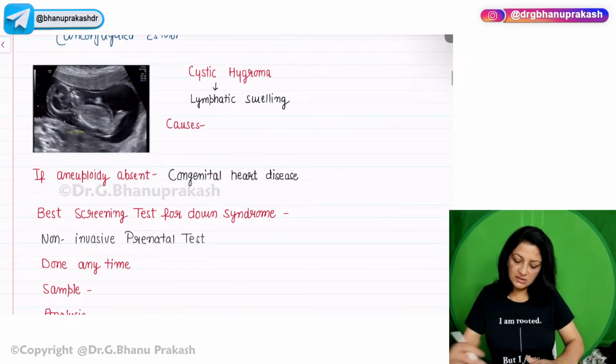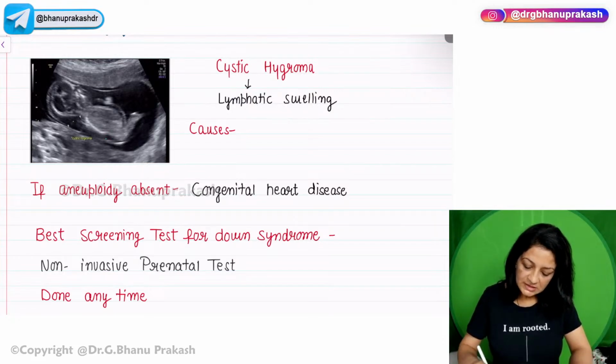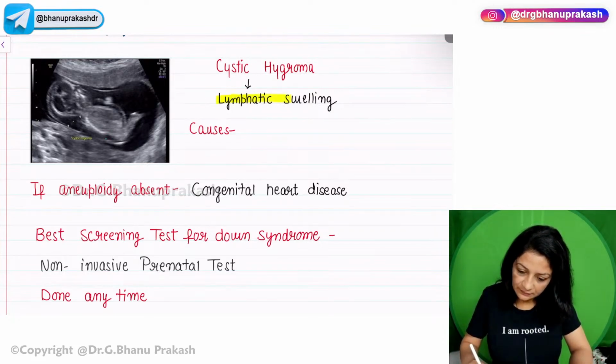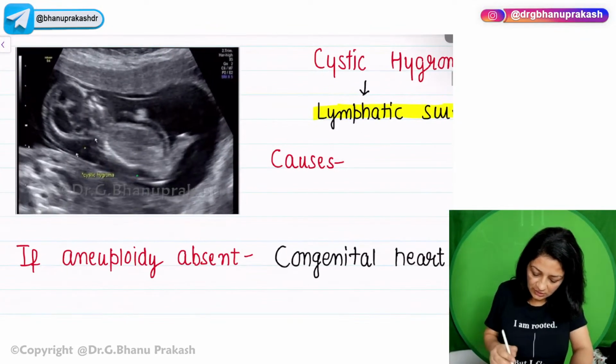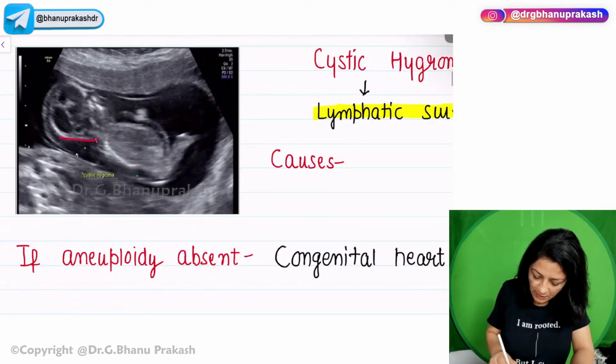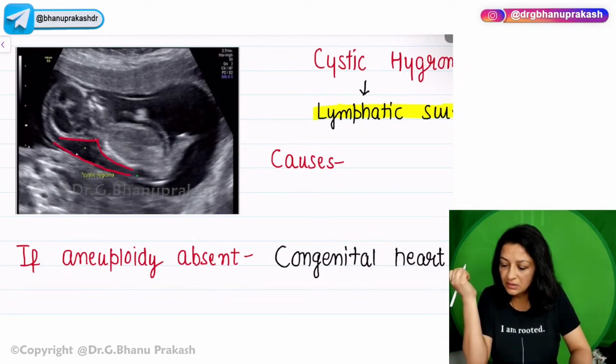So next one is cystic hygroma. So what is cystic hygroma? This is a lymphatic swelling. You can see in this ultrasound image, this part. Lymphatic swelling. This is called cystic hygroma.